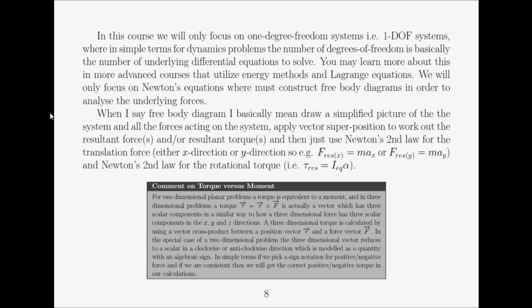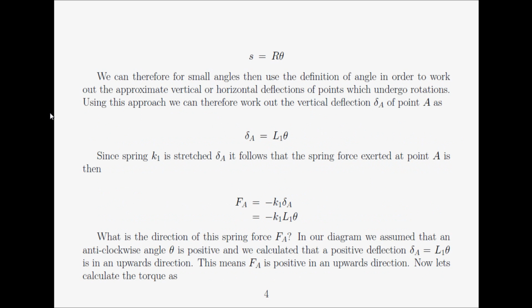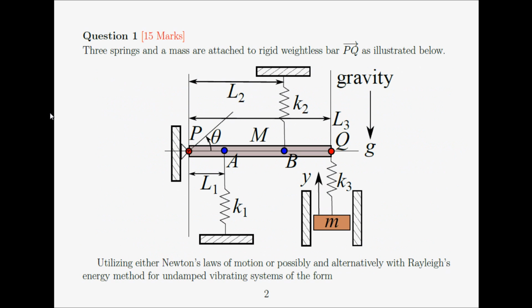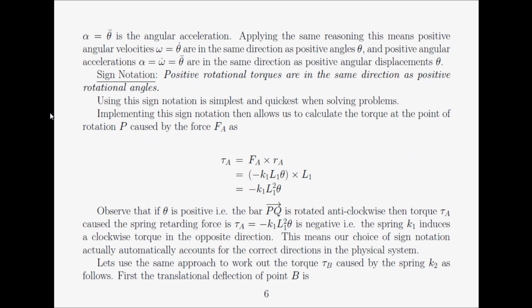Alpha is the angular acceleration, and the sign notation that we use for angles will basically give the sign notation for torques or moments. In simple terms, if we look at our picture for the original problem, if theta is positive in an anticlockwise direction, moments are positive in an anticlockwise direction, as I've already mentioned.